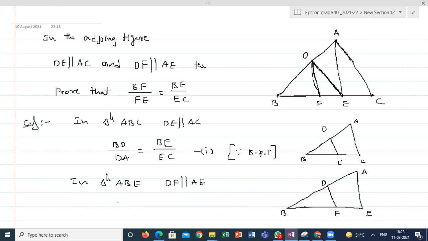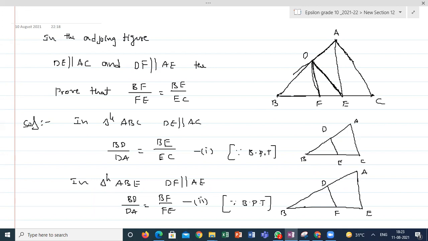If I am applying the basic proportionality theorem, what will I get? BD by DA is equal to BF by FE. Here also, AB is the common side for these two triangles, ABE and ABC. With the help of that, I am able to prove the required thing from the BPT theorem.